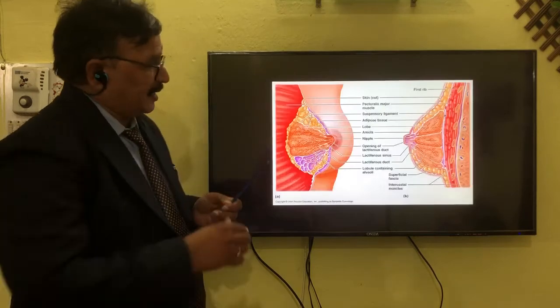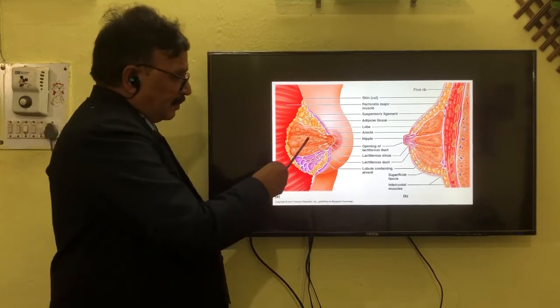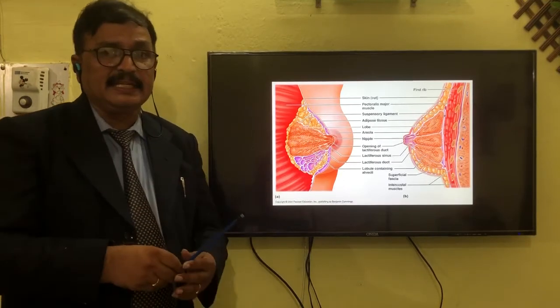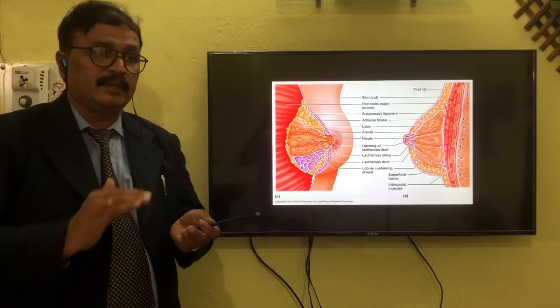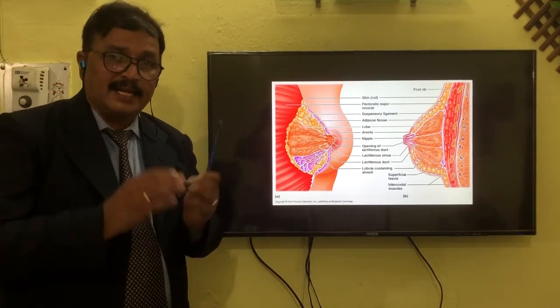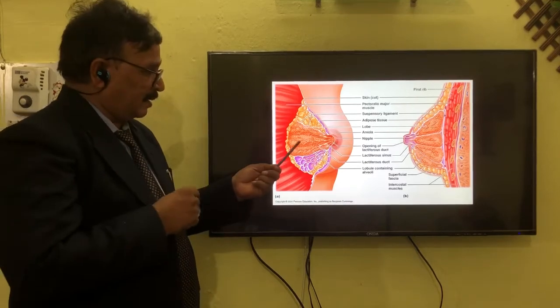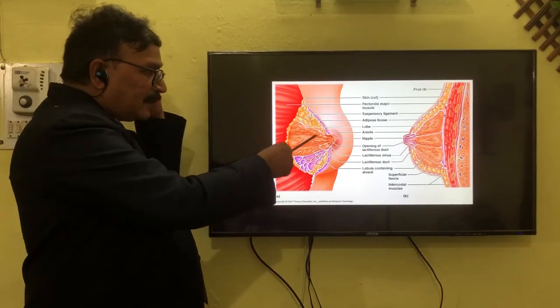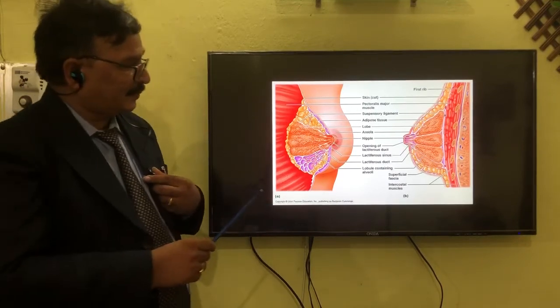If you take the structure of the breast, it is composed of many follicular cells which secrete milk at the time of delivery and are ready with the milk to feed the young one. Now, inside the breast, you can see there are many follicular cells.